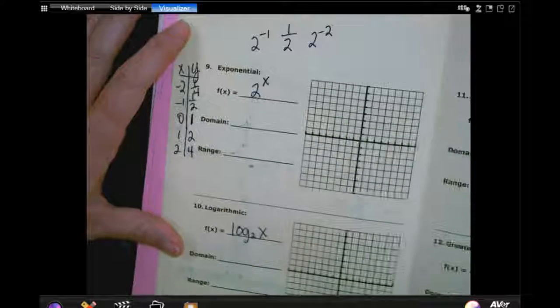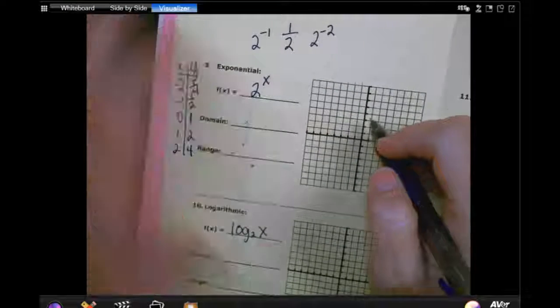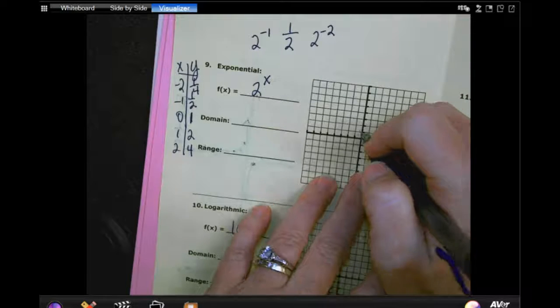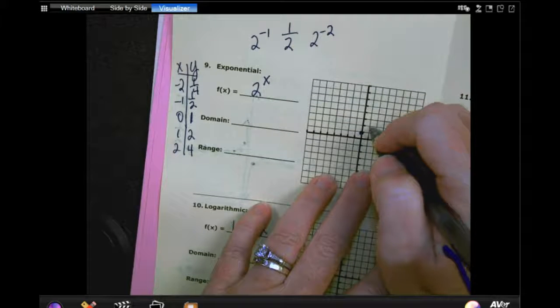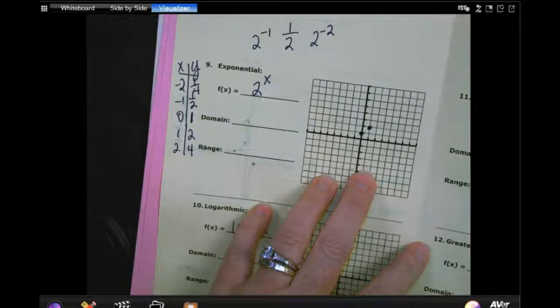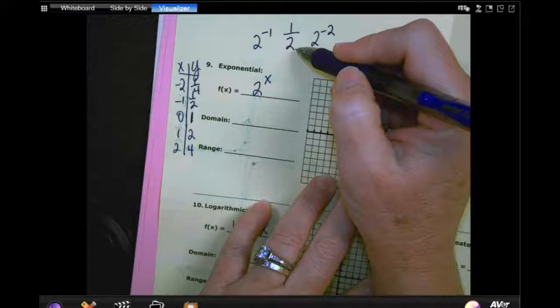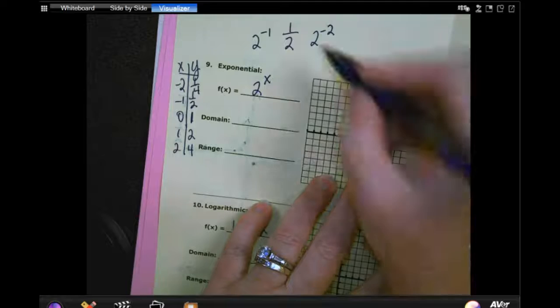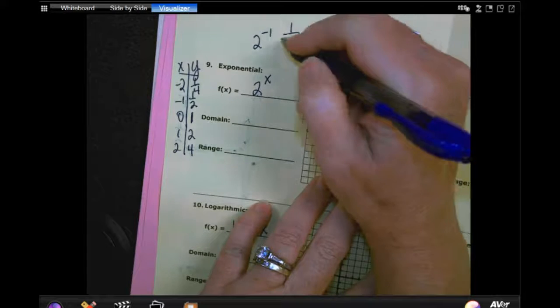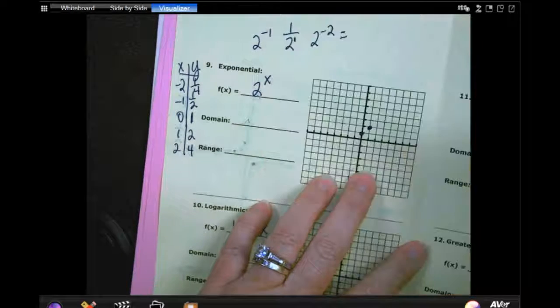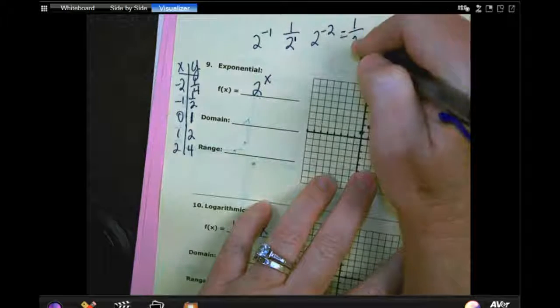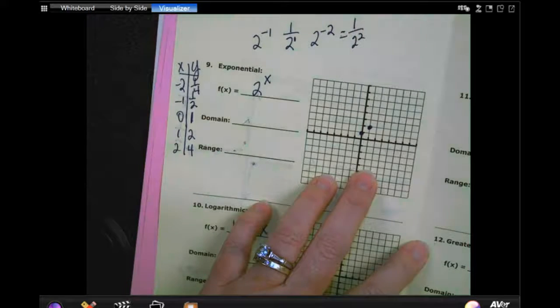So when you graph that, you have 0, 1, which is right here. What? Say that again? You move it to the bottom of the fraction. So look, when I move this to the bottom, it's 2 to the first power, right? When I move this to the bottom, it's 2 to the second power, which is 4.